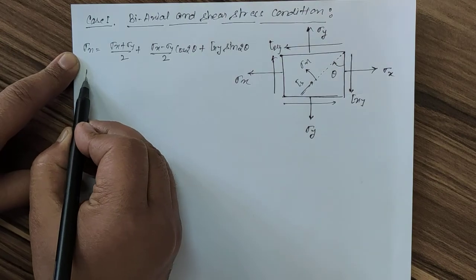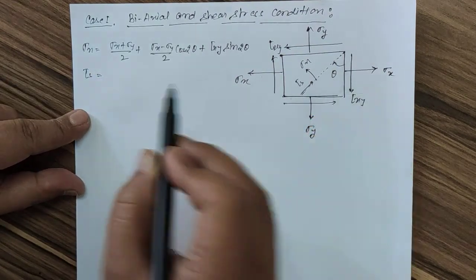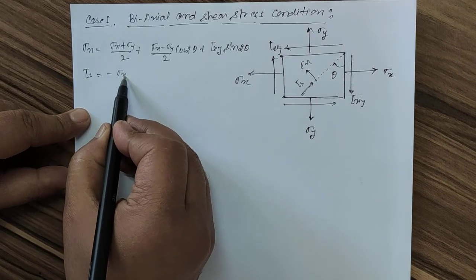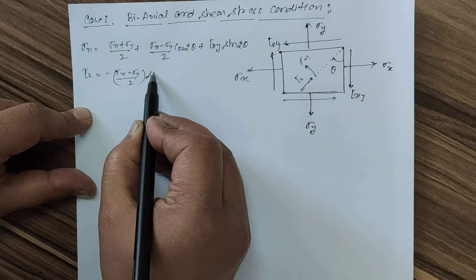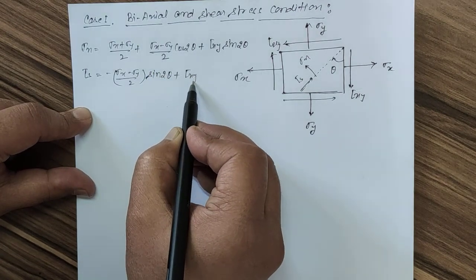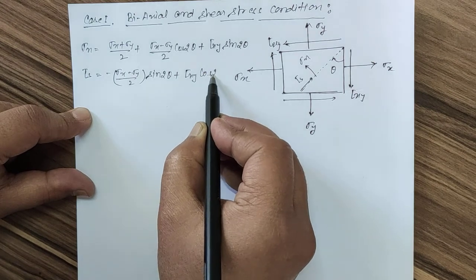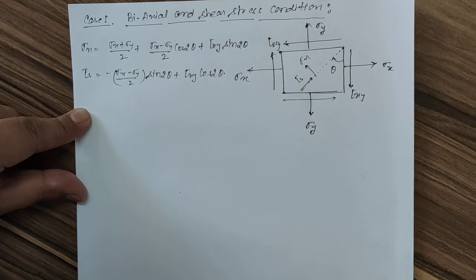The value of shear stress on that plane, the location of the plane being theta, is minus sigma x minus sigma y by 2 sin 2 theta plus tau xy cos 2 theta. So this is the generalized case, which we have taken as case 1.